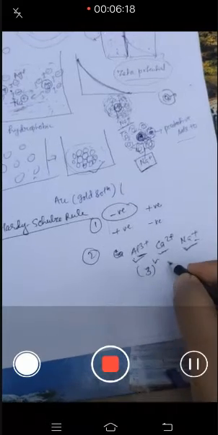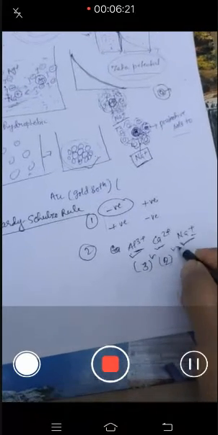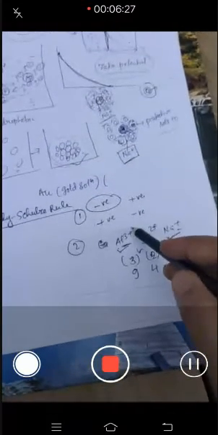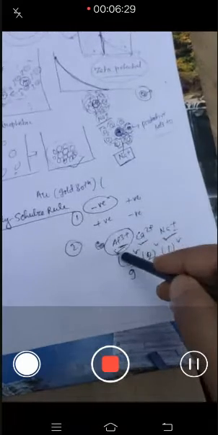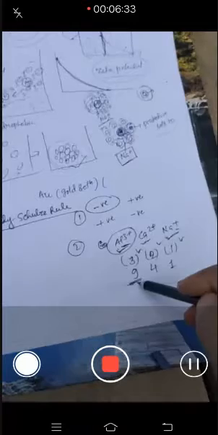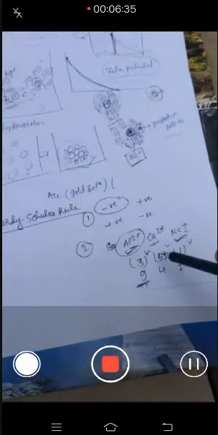That means 3 square, 2 square and 1 square. That means 9, 4 and 1. You can say in other words that the aggregating power of aluminium 3 plus is 9 times greater than Na plus.